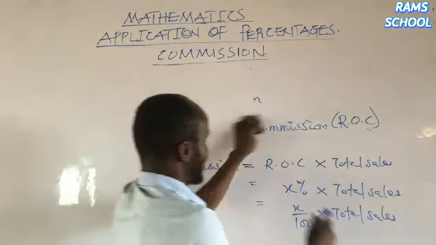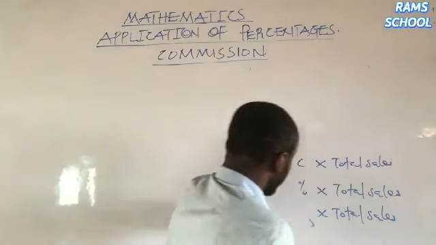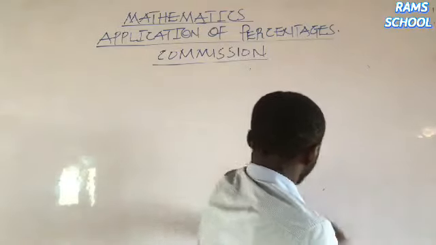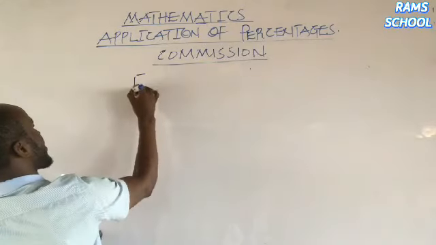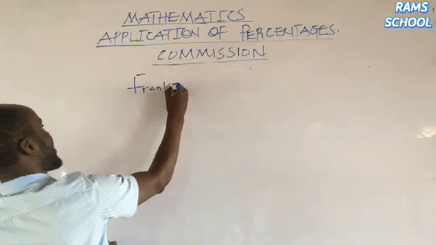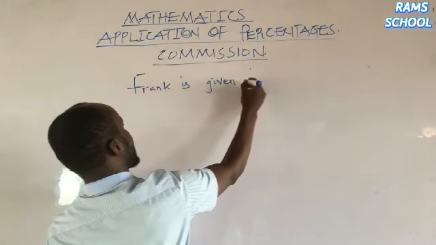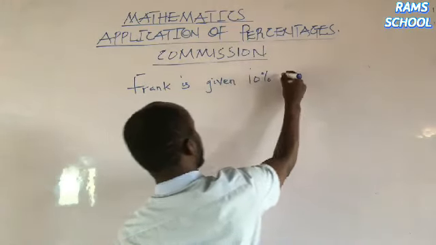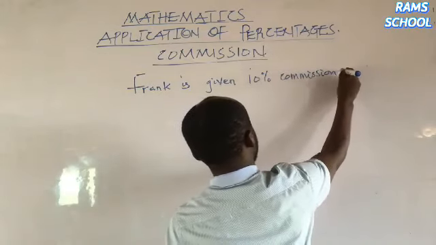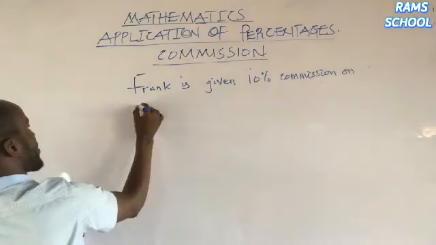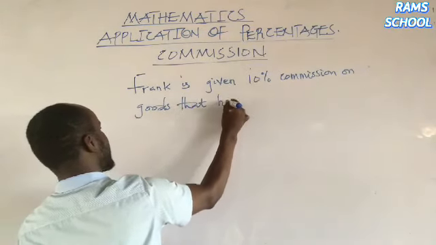Now let's take an example so that you see how we calculate for commission. Frank is given 10% commission on goods that he sells.